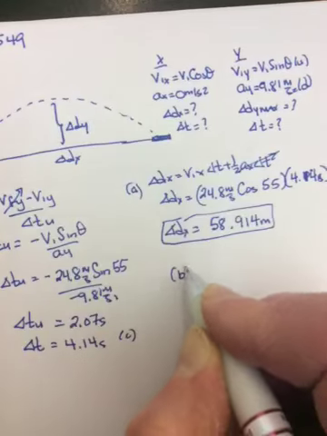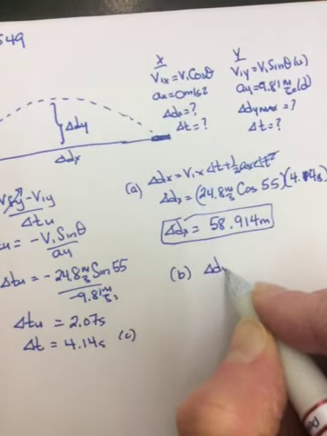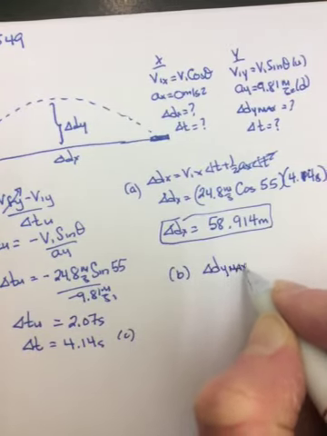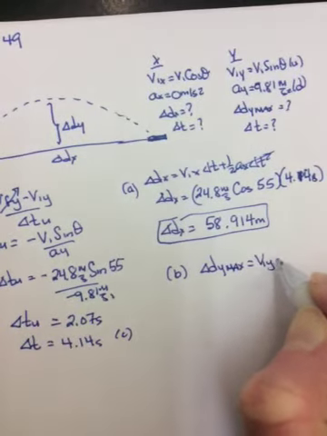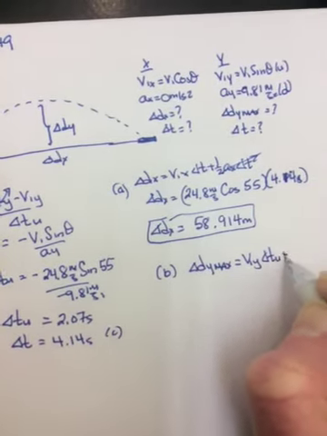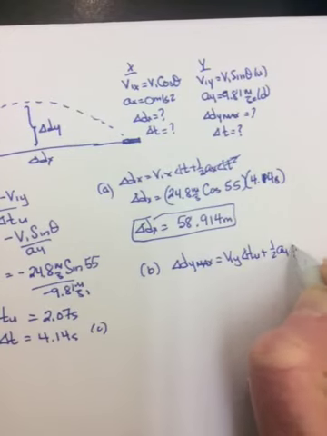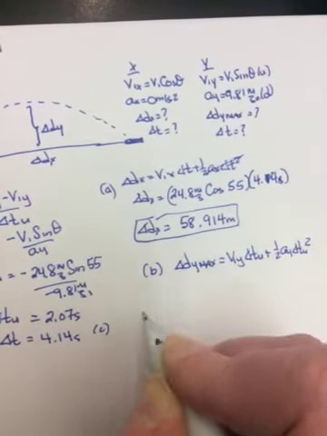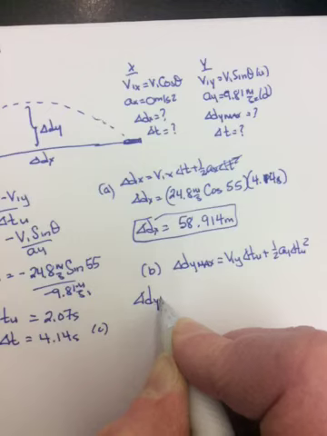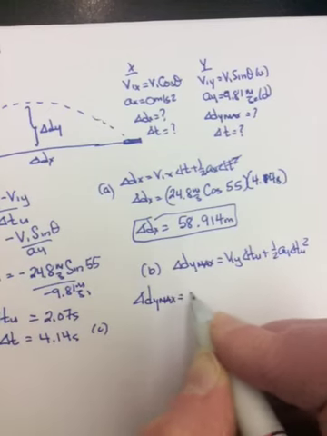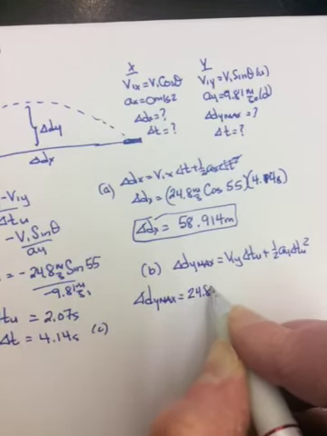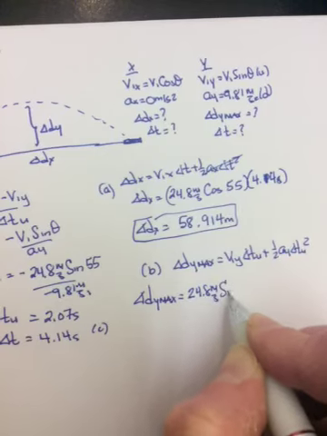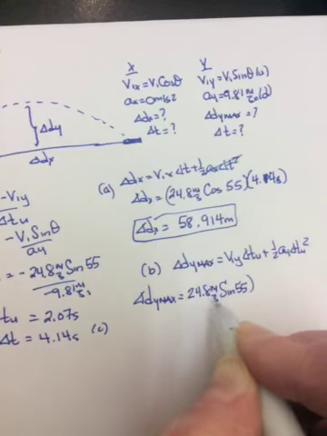And the B part, how high can the Ferris wheel be? In other words, delta dy max. VIY delta TU plus 1/2 AY delta TU squared. So delta dy max will equal 24.8 meters per second sine of 55.